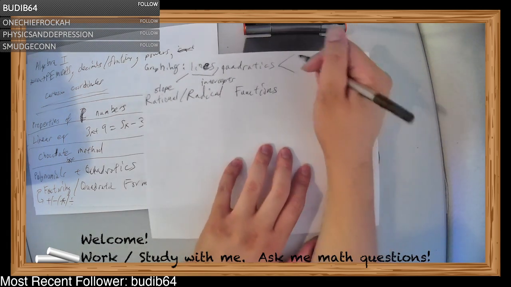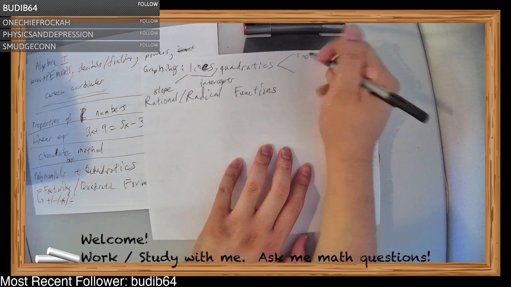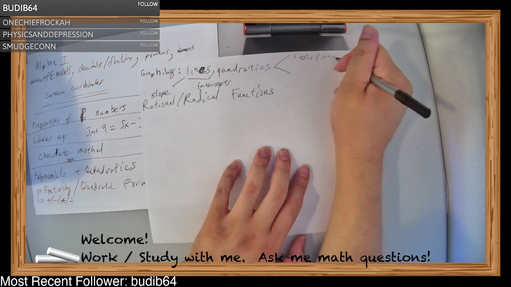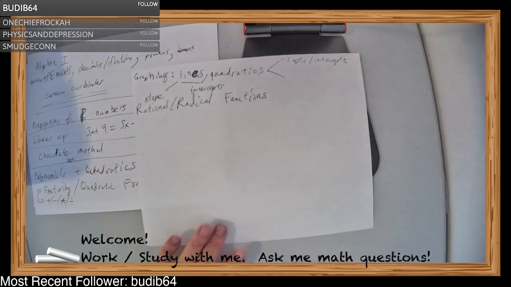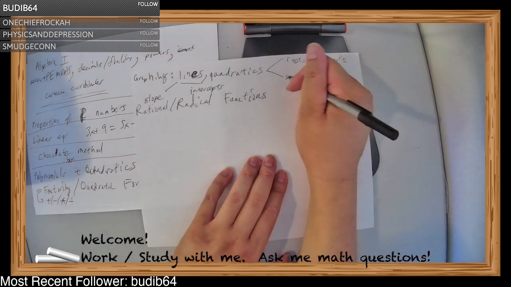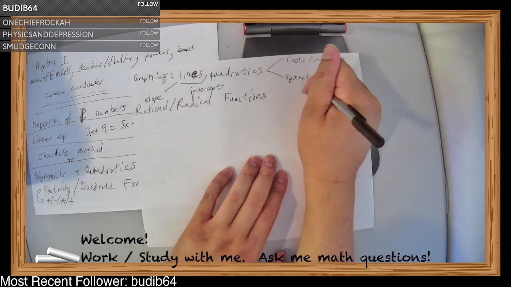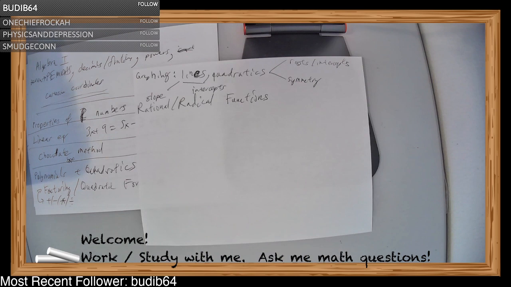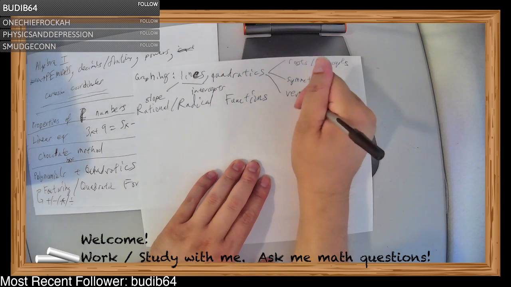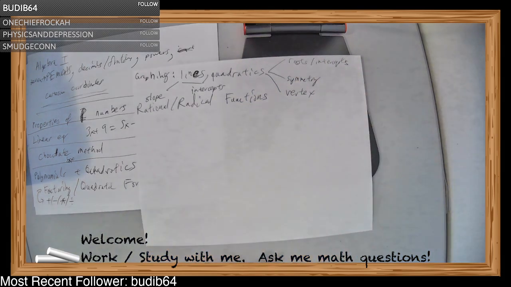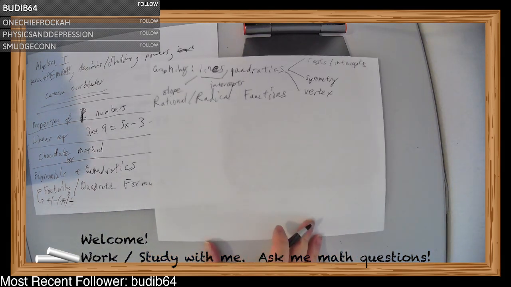Quadratics, roots, intercepts. There's some symmetry involved. I don't know if we talked a lot about it. What else is there? Oh, vertex. And, yeah.